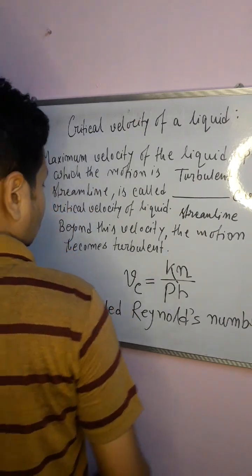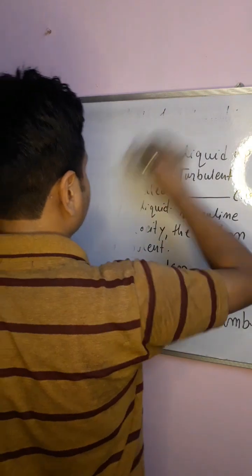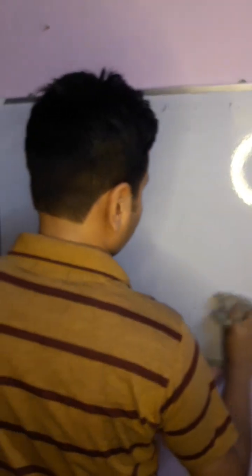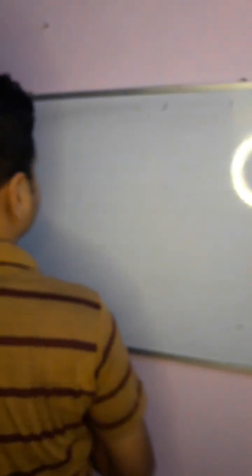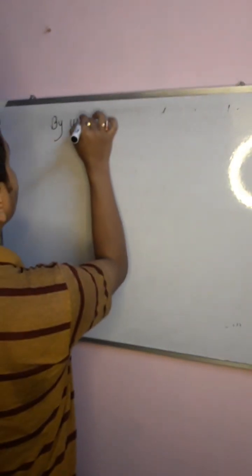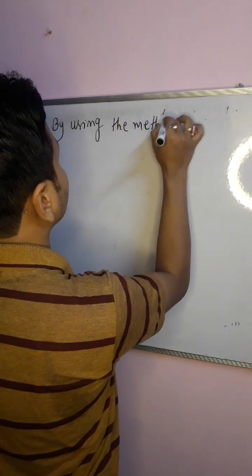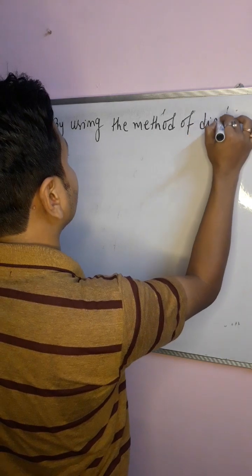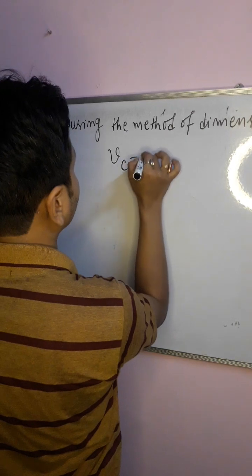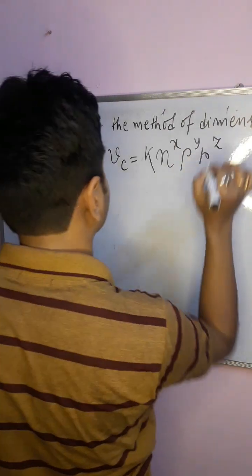Now let us justify this formula, that is, let us check whether this formula is right or not, just by using dimensional analysis. Say v equals k eta to the power x, rho to the power y, r to the power z.